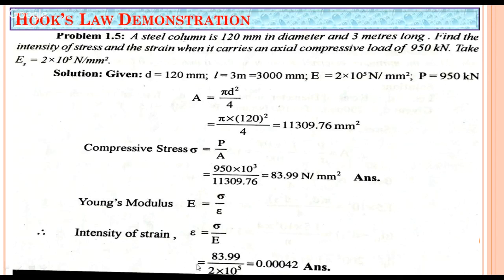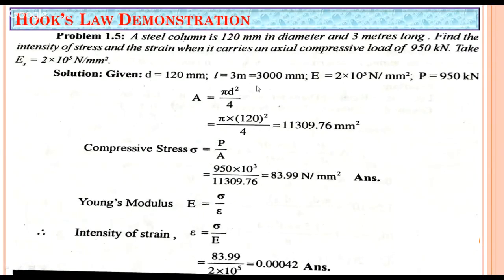Then we can easily determine the intensity of strain by dividing stress by Young's modulus. Both are given in the problem. Thereby we can estimate the compressive stresses induced due to the compressive load, and the intensity of strain in this particular case.